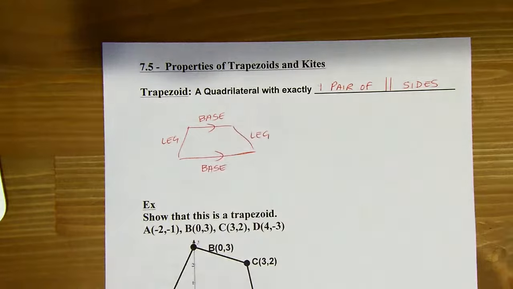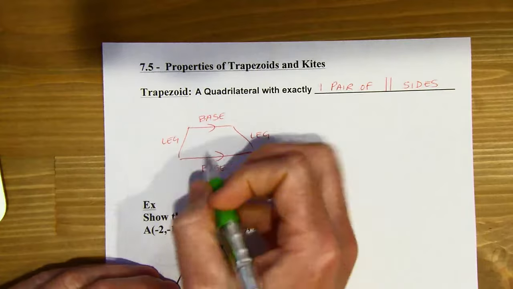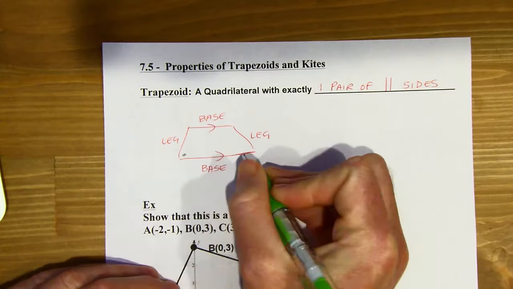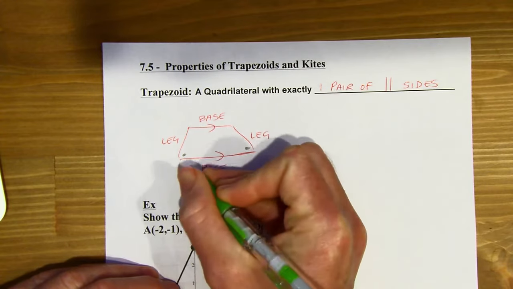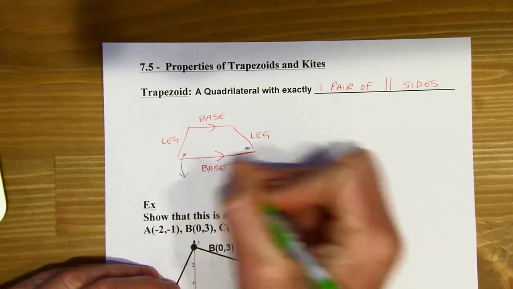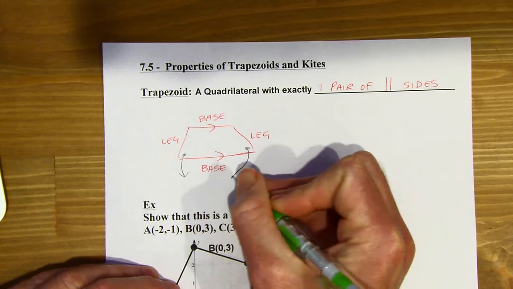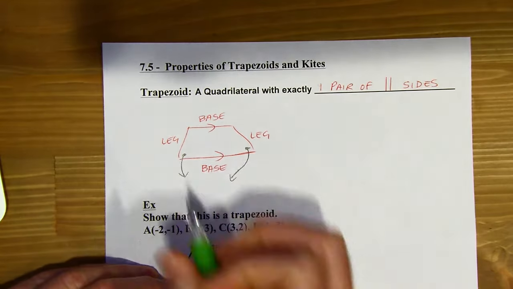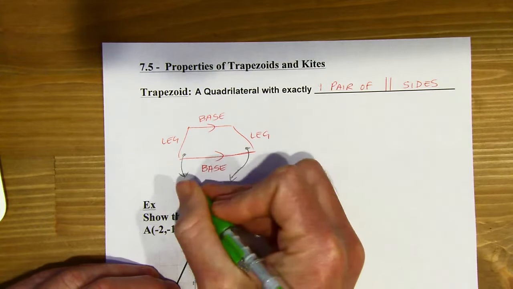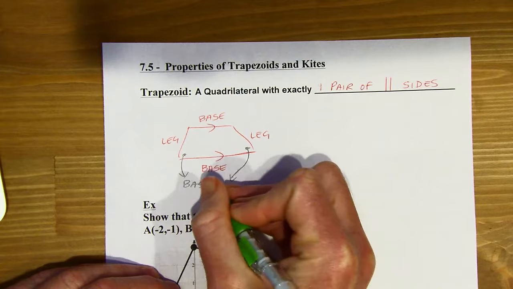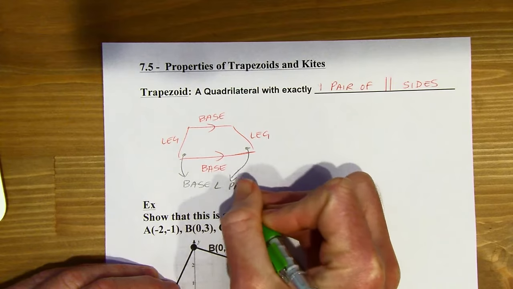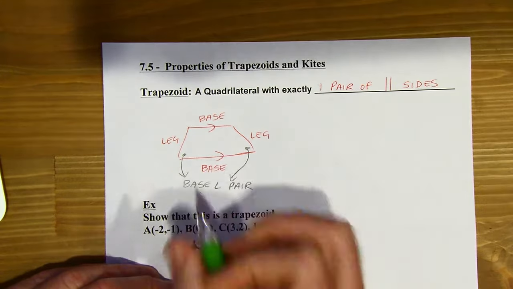And then there's also a name for angle pairs. If I look at this angle and this angle, those are both attached to the same base. So we would call this a base angle pair, just because they're attached to the same base.